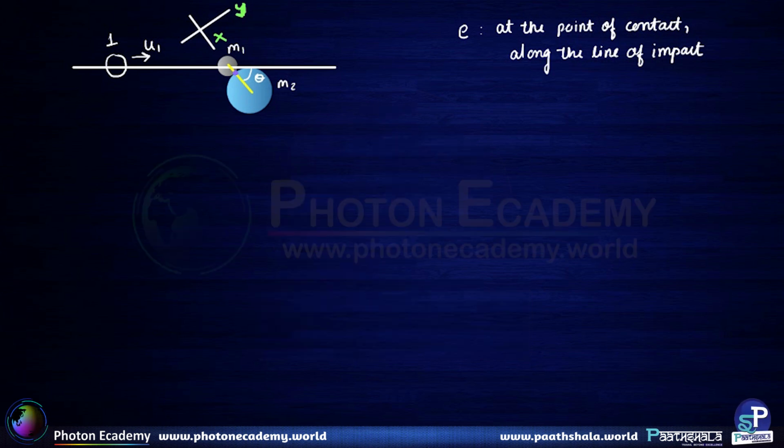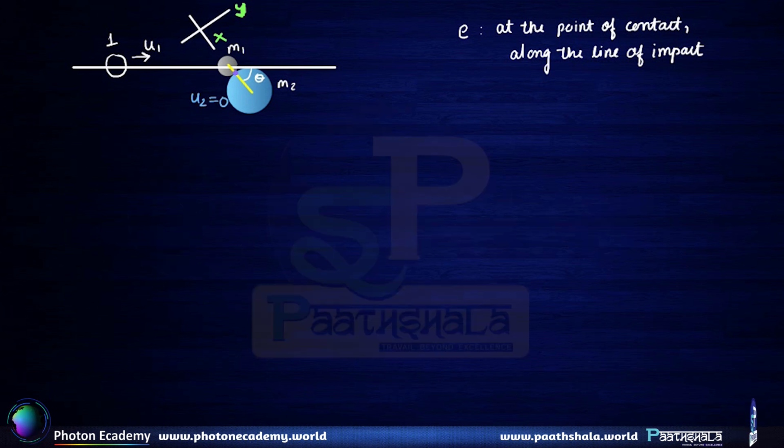One of our axes is along the line of impact and another axis is perpendicular to the line of impact. So we'll write down the momentum conservation equation. Initially the second mass was stationary, u2 is equal to 0, and u1 vector is as shown. So we can write down our momentum conservation equations along the x-axis as well as along the y-axis.